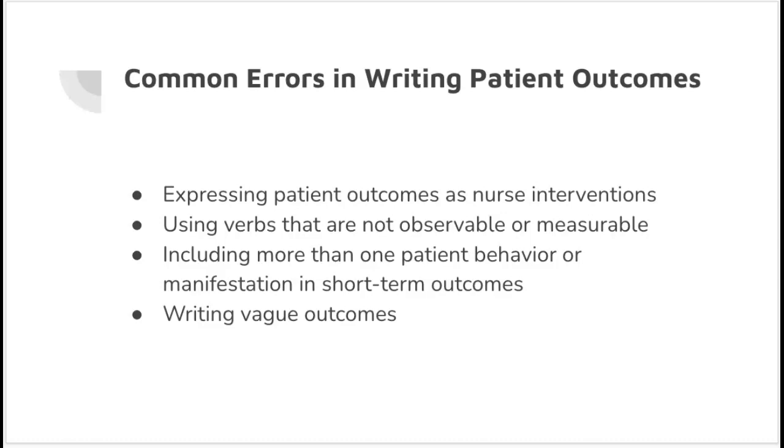Including more than one patient behavior or manifestation in a short-term outcome. This would be such as the patient who is here for alcohol addiction. The goal is the patient will list the dangers of alcohol use and will stop drinking alcohol. That is too broad.